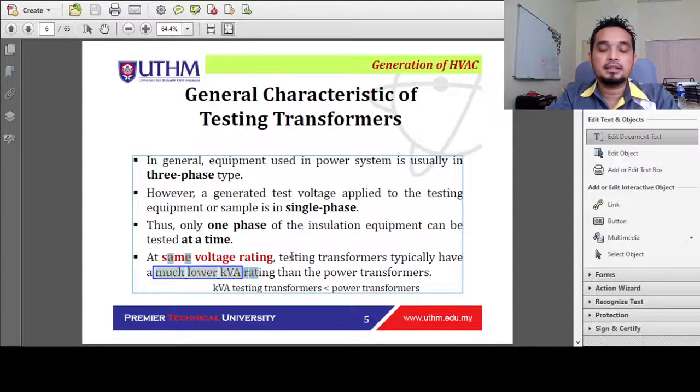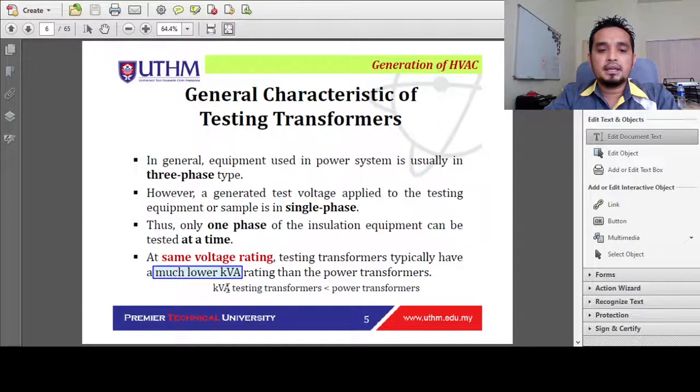These are two categories: the testing transformer and the power transformer. What is the difference between these two? First, the testing transformer is used in the laboratory for testing, and the power transformer is the one used by the power provider and deployed in applications.